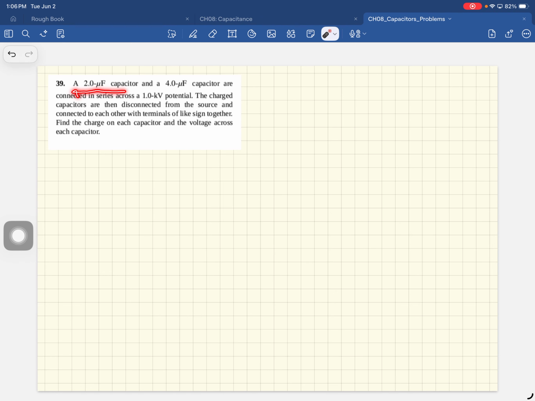Now this has become Q1 and Q2. The net charge Q1 plus Q2 should equal 2Q, this Q. Okay? And Q1 over C1, the voltage V1, should equal V2, which is equal to Q2 over C2.